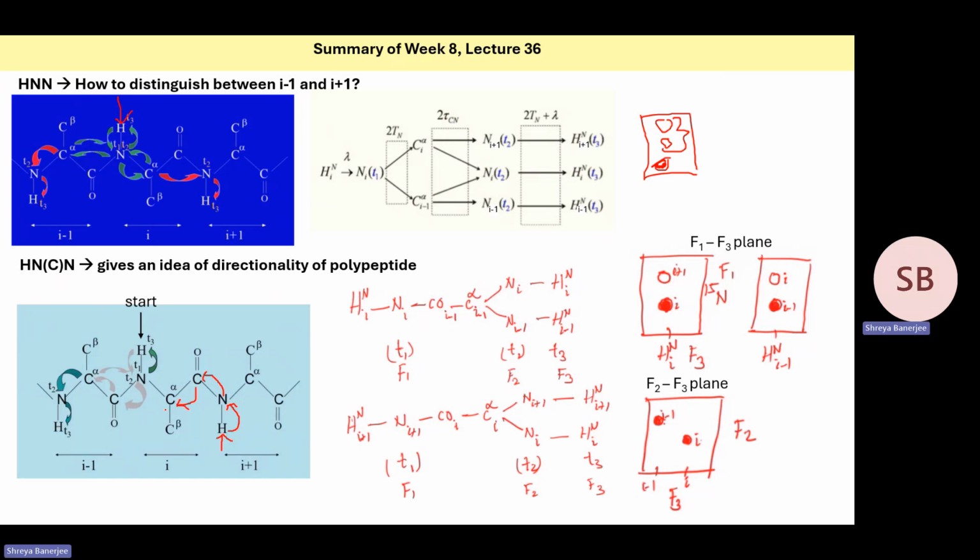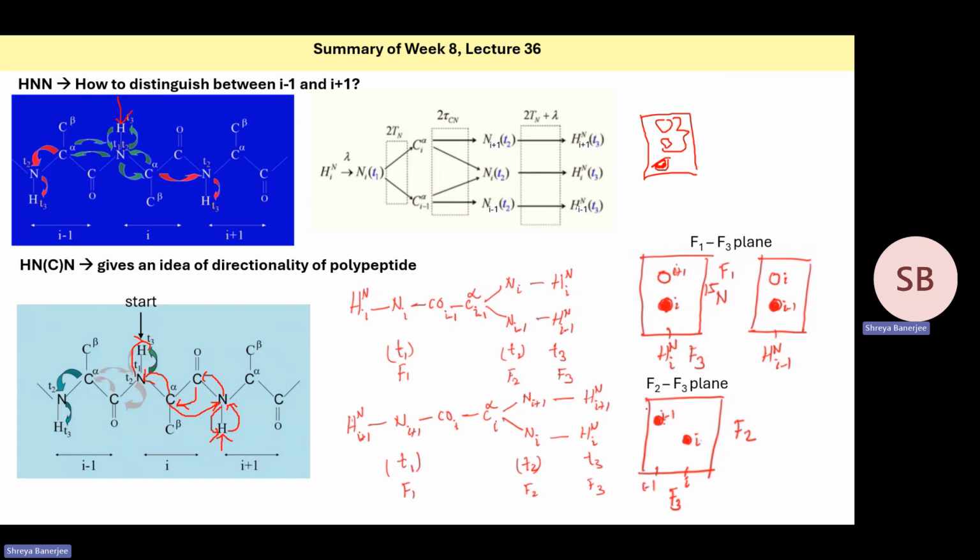From C alpha of I, now two things will happen. Some part of the magnetization will go to Ni, and some part of the magnetization will come back to Ni plus 1. So with the same residue and with the previous residue. And then from Ni, it will go to Hi, and from Ni plus 1, it will go back to Hi plus 1 where you had started.